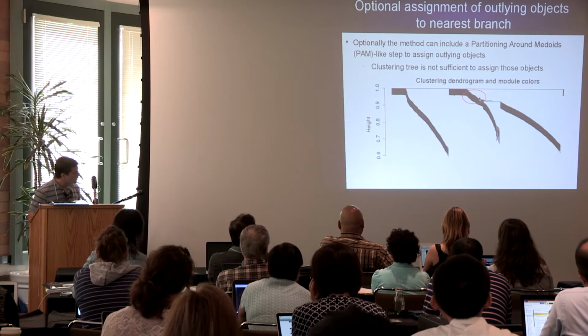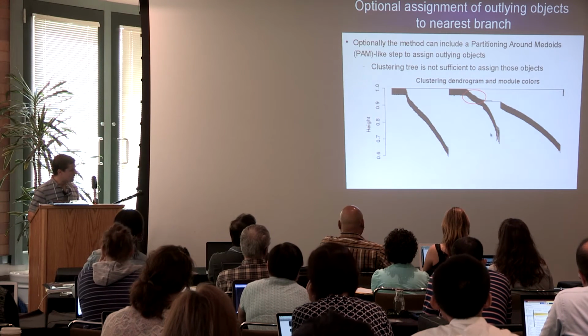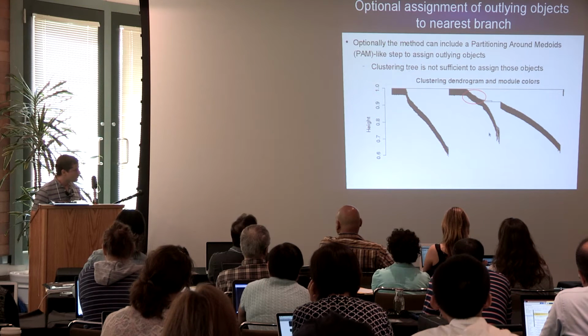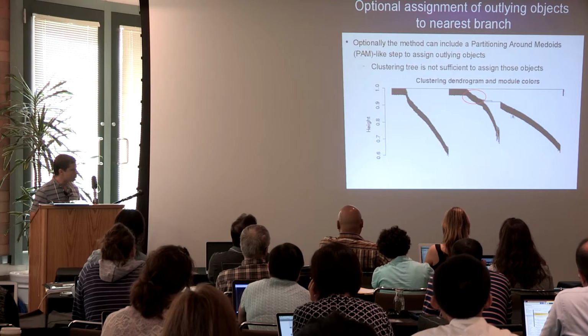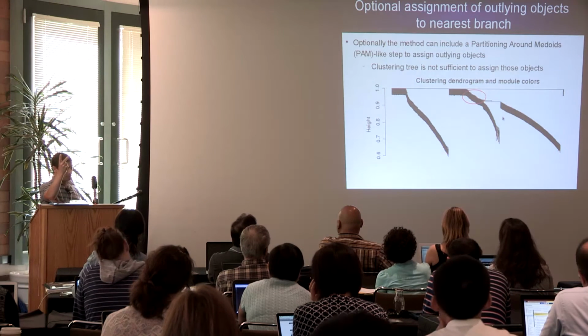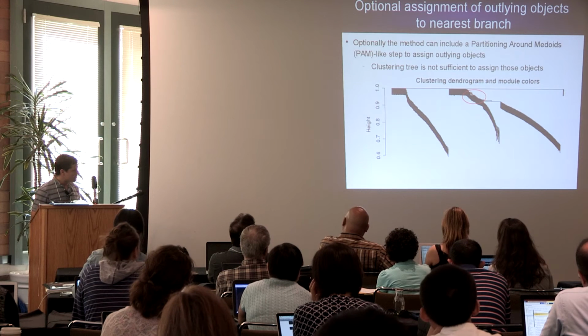Okay, you might think, well, these ones are closer to this branch, so they should all go to here. But that's not true. It's just the way the dendrogram is plotted. You could switch these two branches on the plot. It would look just the same, and suddenly you would think that these objects here should go to the other branch.